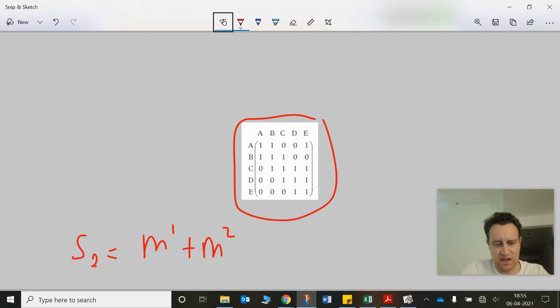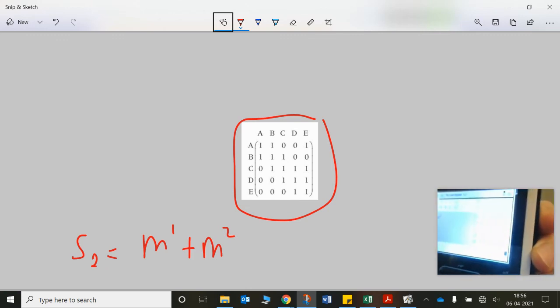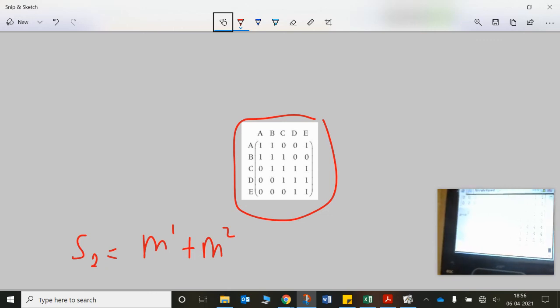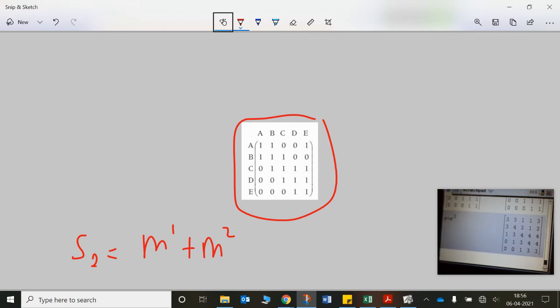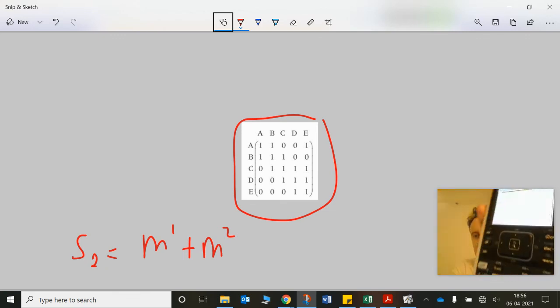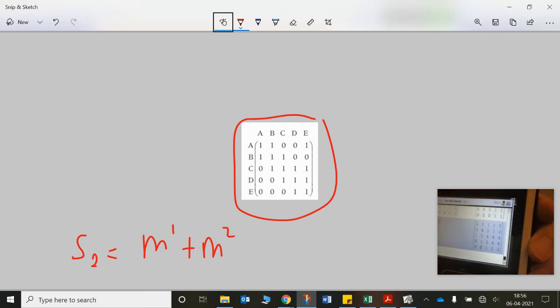So what I'm going to do now is A plus A squared. For some reason it's not picking it up at the moment. That gives me this, there we go. It gives me this matrix here. Now in the first column there, you can see that D to A and E to A both have a 0 in them.